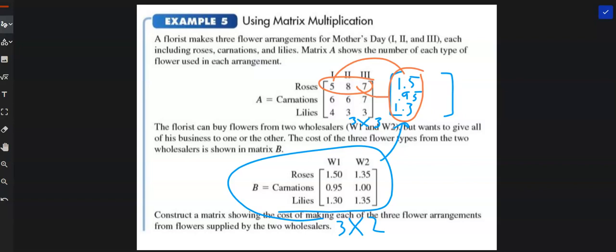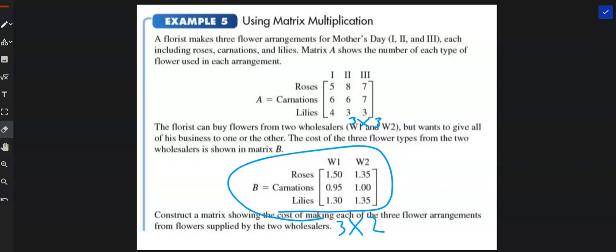But when I do 8 times 0.95, I have a problem, because the 8 represents roses, but the 0.95 is the price of the carnations. So this actually won't work. So I'm going to have to get rid of this option.